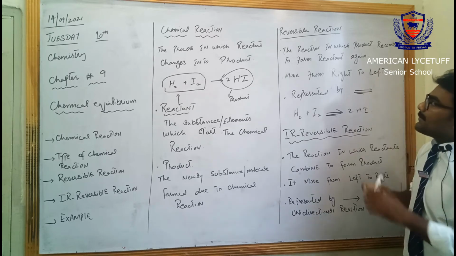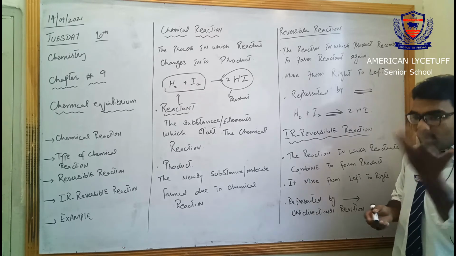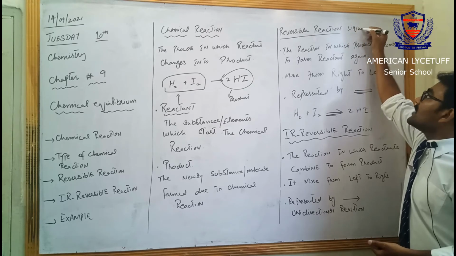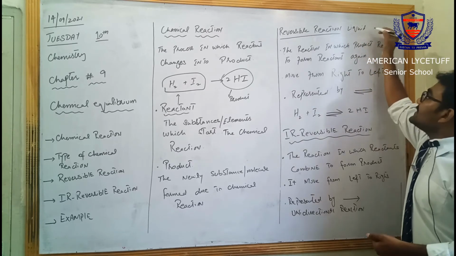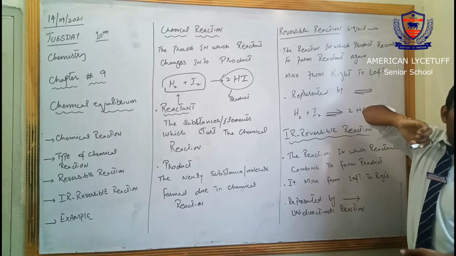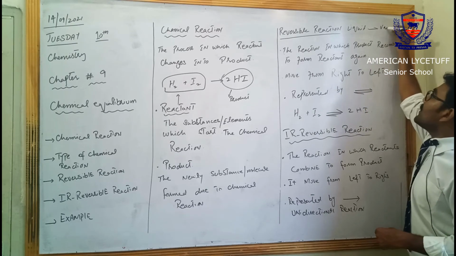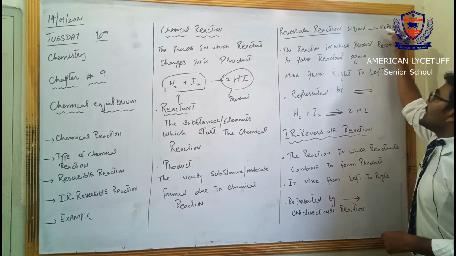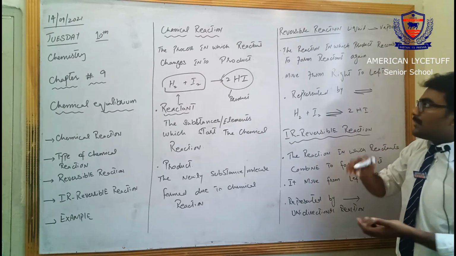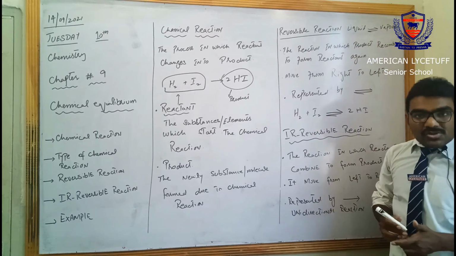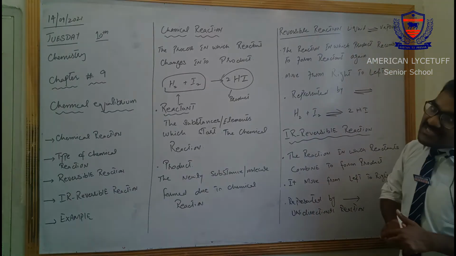Take a common example of a reversible reaction. Take a glass of water in the form of liquid and just heat it. When you heat liquid water, it changes into vapors. Cover that with a lid, and all the vapors change into liquid again. So it is a common example of a reversible reaction.